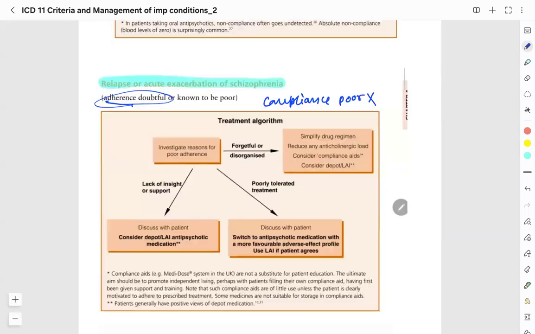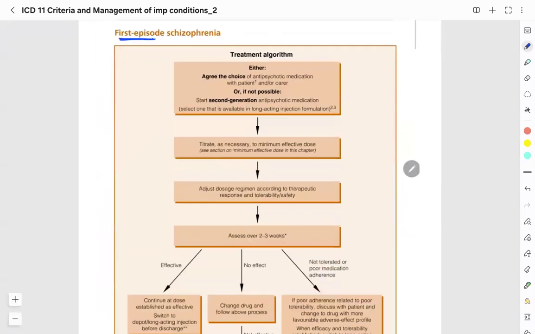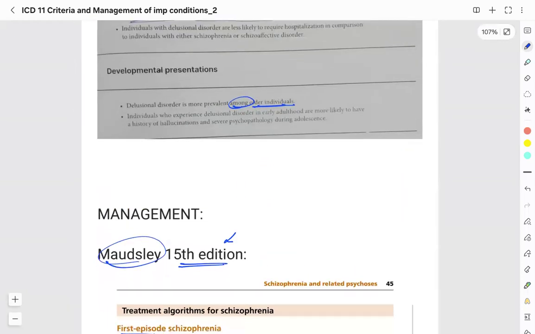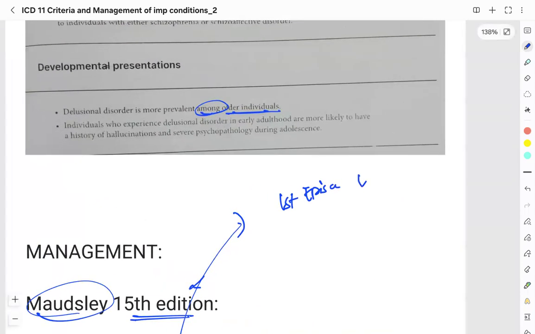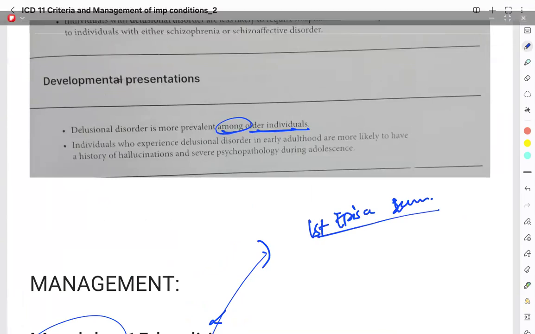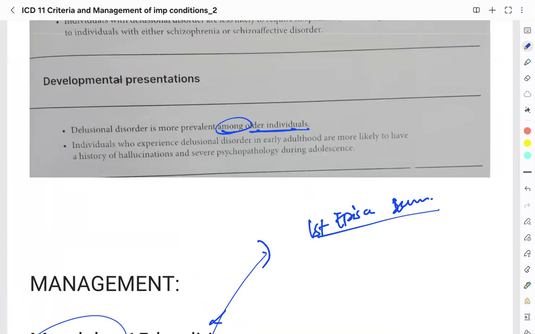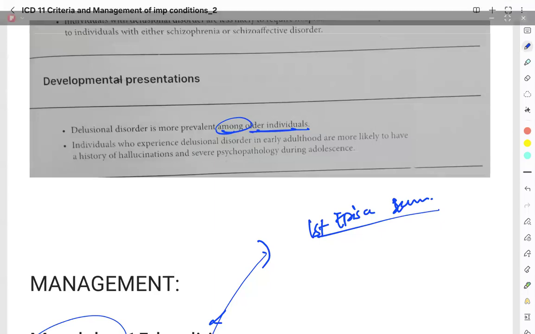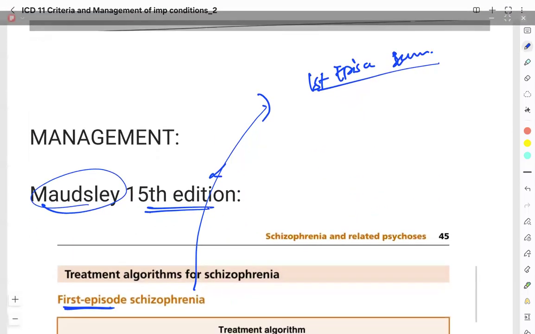Let's brainstorm first episode schizophrenia. How are you going to proceed in this patient? Give antipsychotics. Psychoeducation, we can go for that.